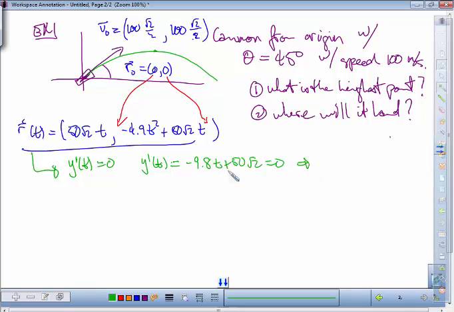So we got a couple of negatives, negative when you bring it over, negative from 9.8 when you divide, so t is equal to 50 root 2 divided by 9.8, which is about, anybody with a calculator? 7.2 seconds.